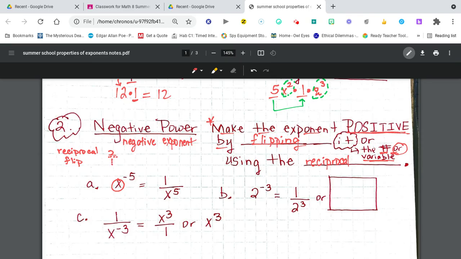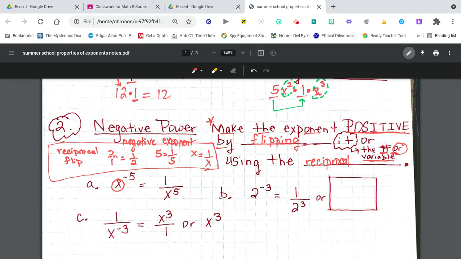You don't see the 1, but it's actually there. So if I flip it, it's 1 over 2. That's the reciprocal of 2. The reciprocal of 5 is simply 1 over 5. The reciprocal of x is simply 1 over x. Just flip it. That's what I mean when I say reciprocal.